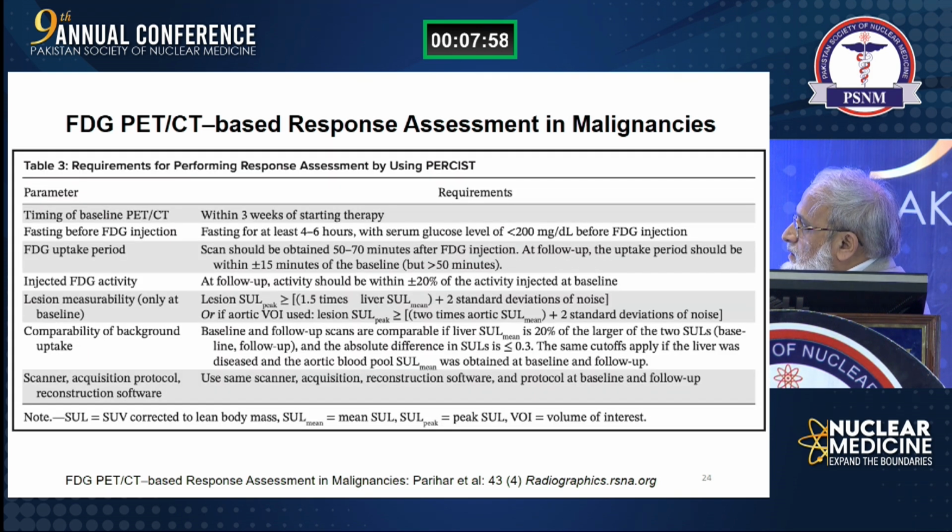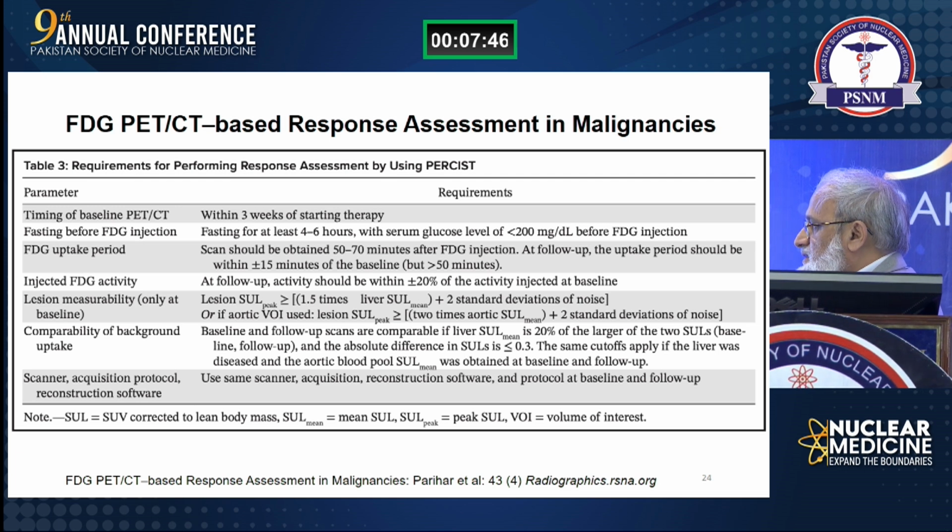So whenever we are using PERCIST criteria and Deauville criteria, we have to take certain things into account. First, we should have the same scanner, acquisition algorithm, reconstruction software and protocol at baseline and follow-up, so that you can report the scoring in a better way. Then we have to make sure that fasting is 4 to 6 hours and glucose levels are measured, less than 200.